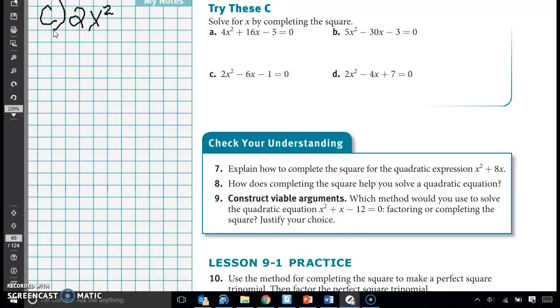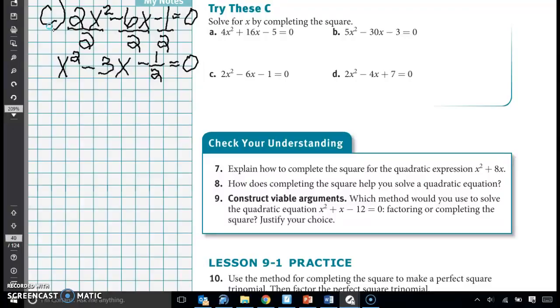So we have 2x squared minus 6x minus 1 equals 0. What does step 1 tell us? Divide by 2. We need to get our leading coefficient to 1, right? So we're going to divide every term by 2. So x squared minus 3x minus a half. Move that half over.